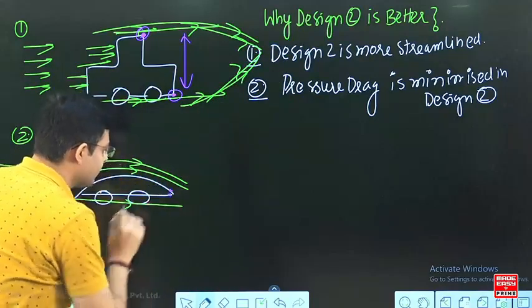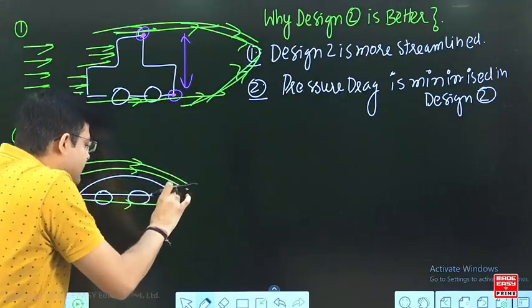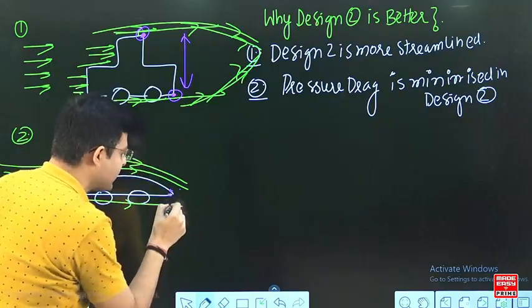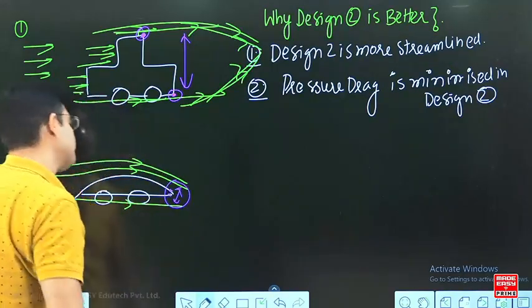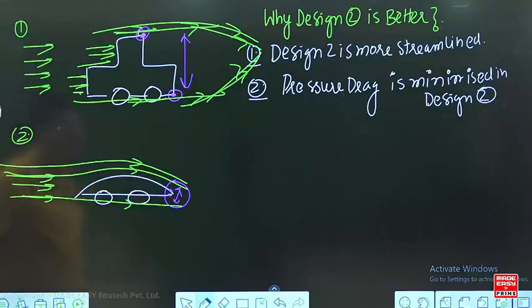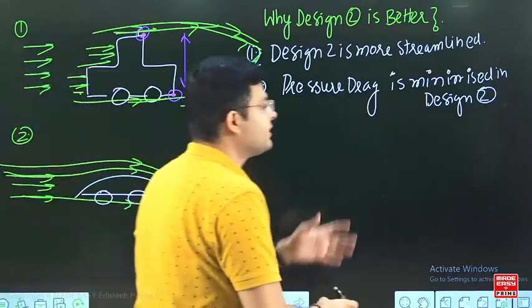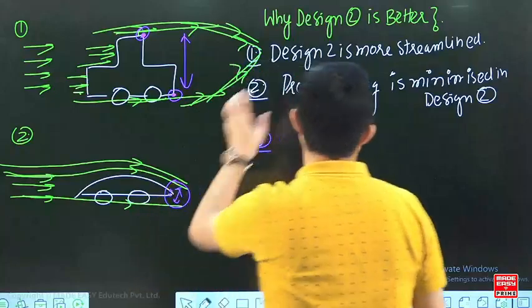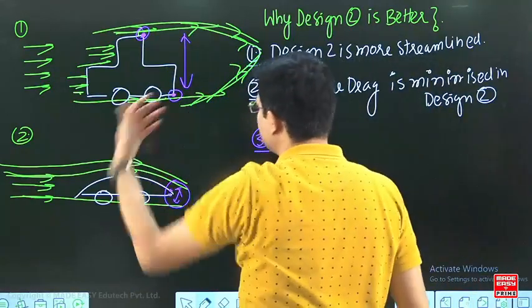But here you see the shape of the body is such that the body is supporting the streamlines to come together, so that the points of separation of the fluid from the body are closer to each other. This is a very good sign. So why is design 2 better than design 1? Very simple.